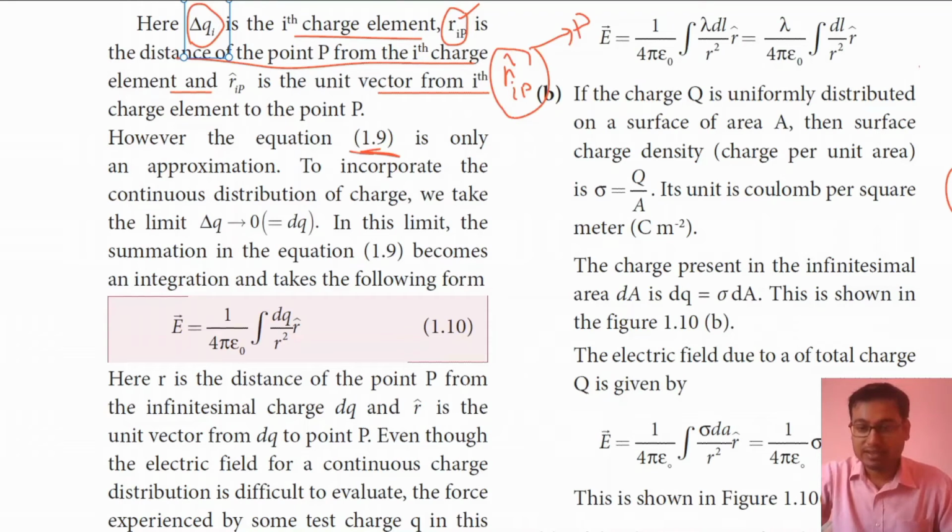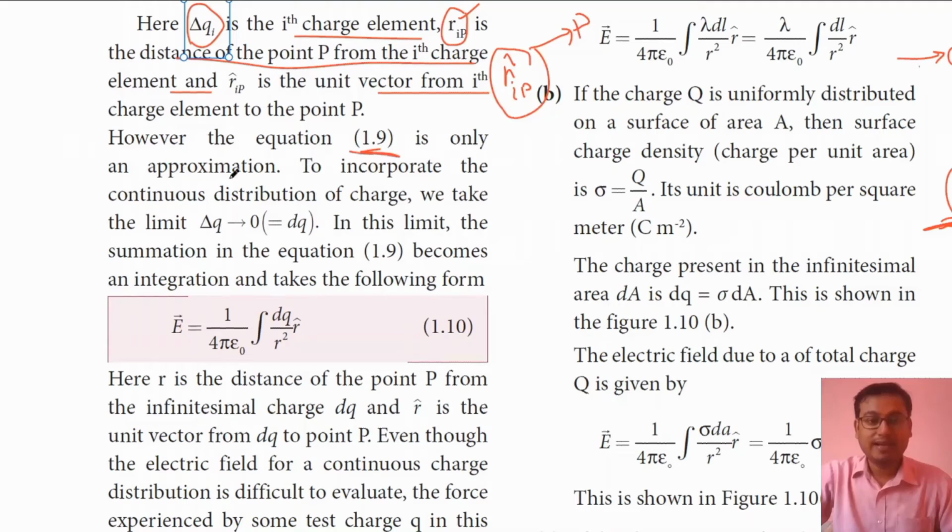In that situation we will not get the total electric field at the particular point P. What we have to do is make this region as small as possible. When the region becomes infinitesimally small, when the limit tends to 0, sigma changes into integration. So that is given here.